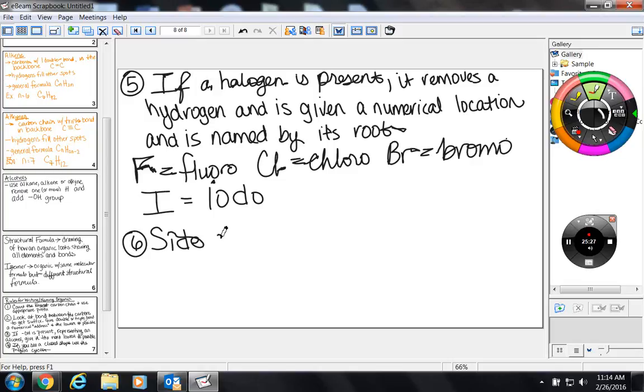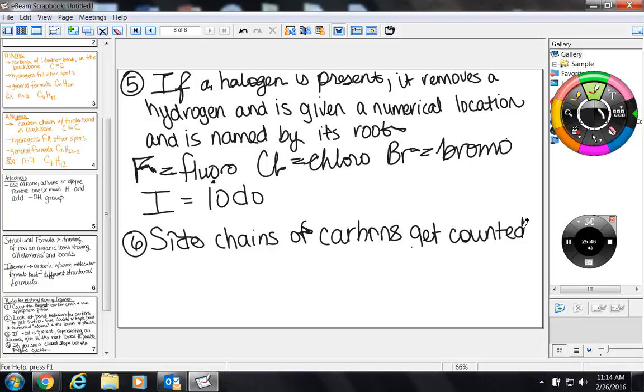Side chain of carbon gets counted. Yep. A numerical location.